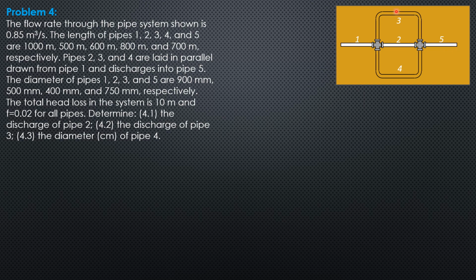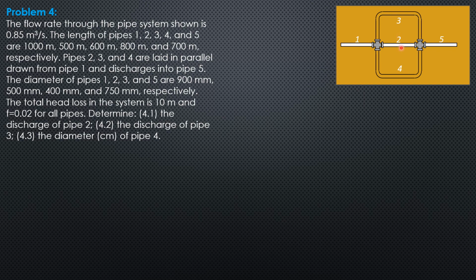Take note that 2, 3, and 4 are parallel, so HF2 equals HF3 equals HF4. Knowing the head loss in pipe 1 and pipe 5, because the discharge is 0.85 through them, we substitute into the total head loss, 10 equals HF1 plus HF2 plus HF5, and then we can compute HF2.